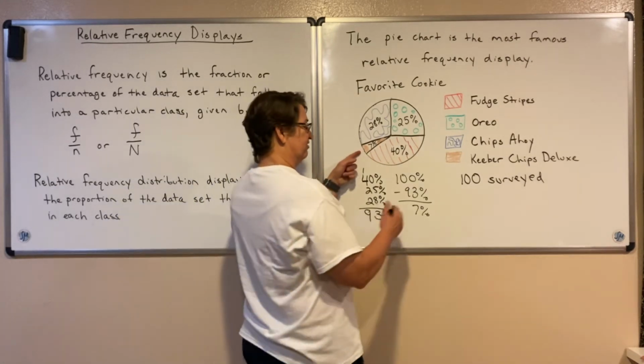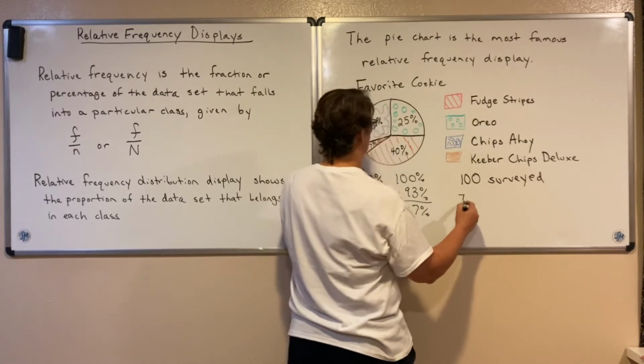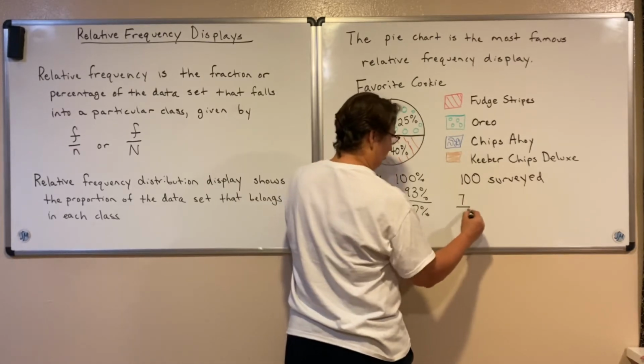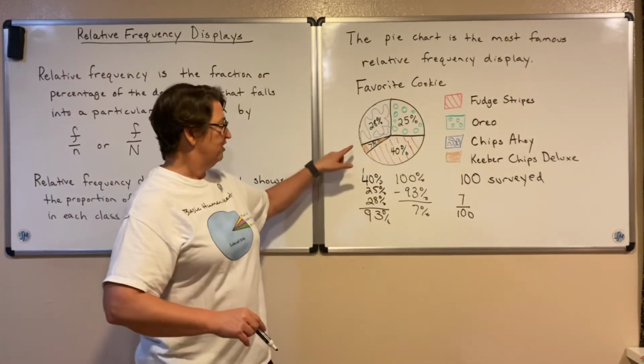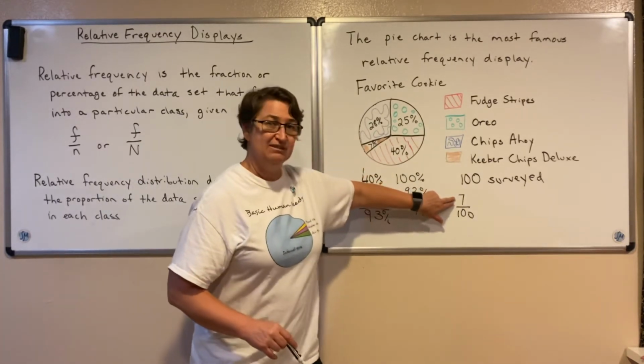So notice this 7%, if 7 people said that, it's 7 out of the 100 is how I'm getting that 7%. So this is that 7 relative to my overall population.